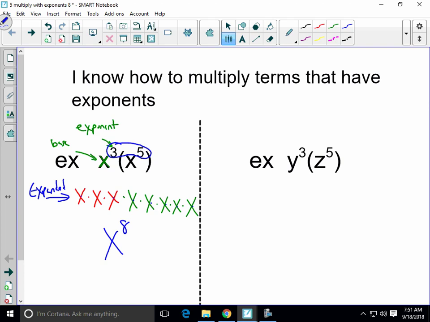So what am I doing with those two exponents to get my final answer? I have to add up those exponents. Actually, let's make it more specific. If you're multiplying with the same base, all you have to do is add the exponents.